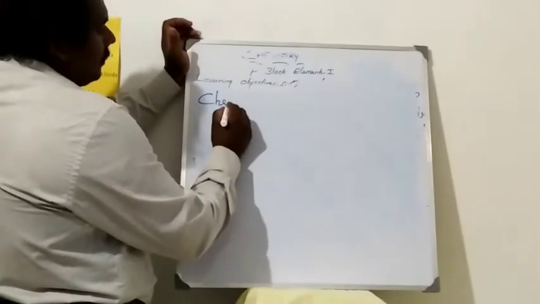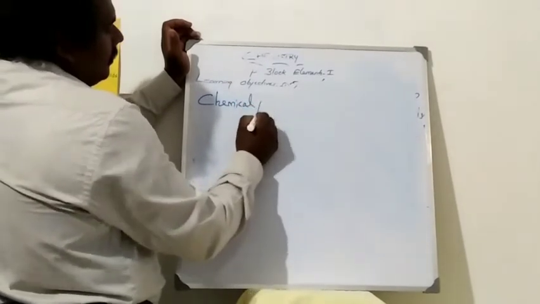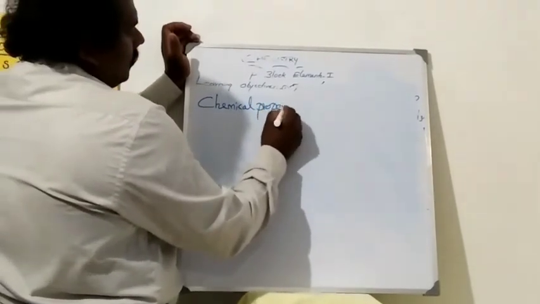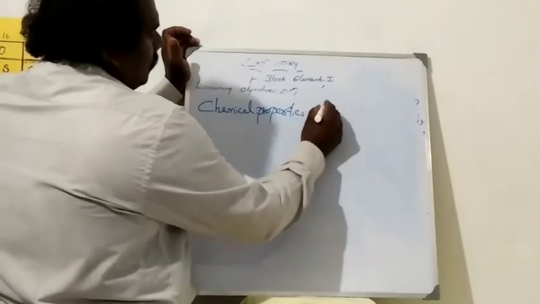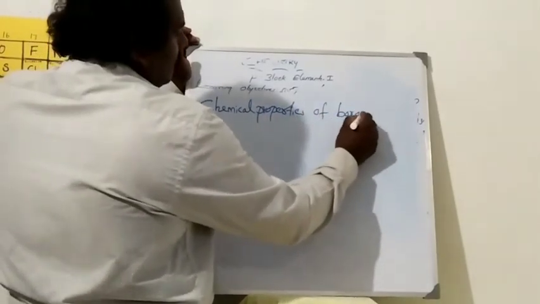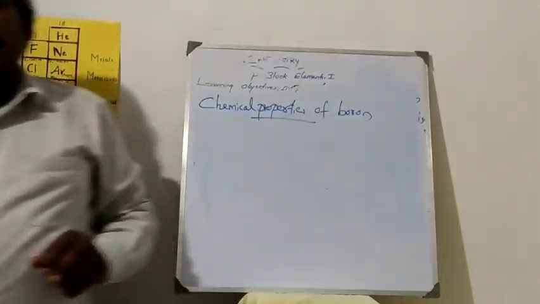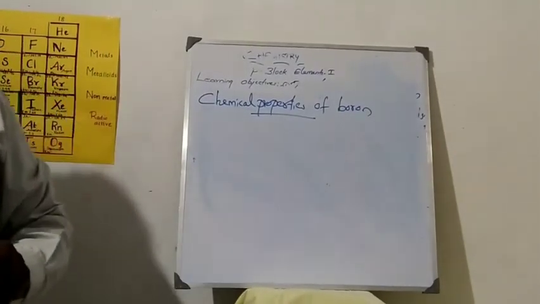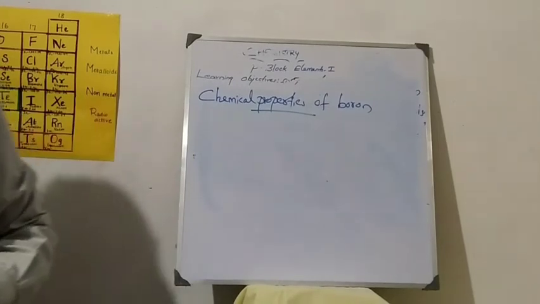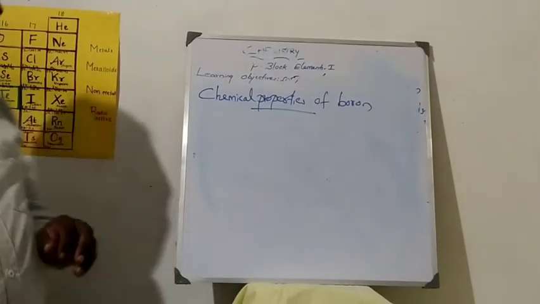Next, the chemical properties of boron. The first property: boron is the only non-metal in this group and is less reactive.